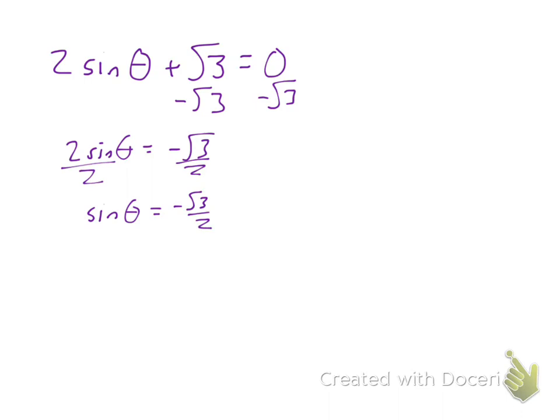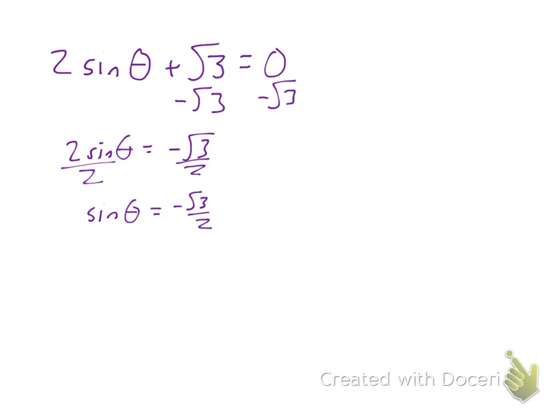I'm going to change things up. I think most of us would agree that to get rid of sine, I have to take the arc sine or the inverse sine. I'm going to get away from that idea. Instead, I'm going to go with that second option that I talked about before. Sine of some angle, degrees or radians, it doesn't matter, is going to have a value that's negative.